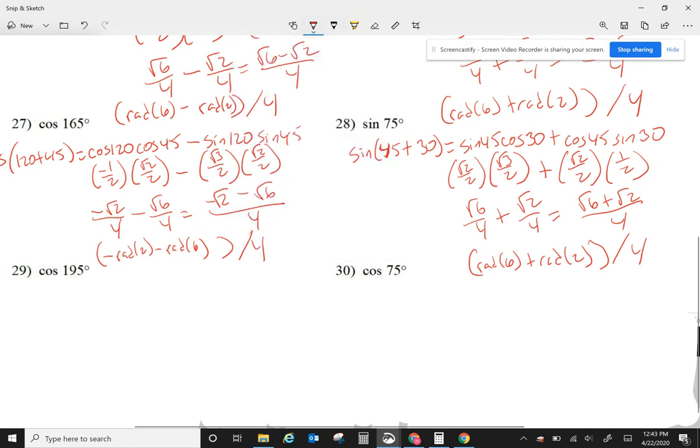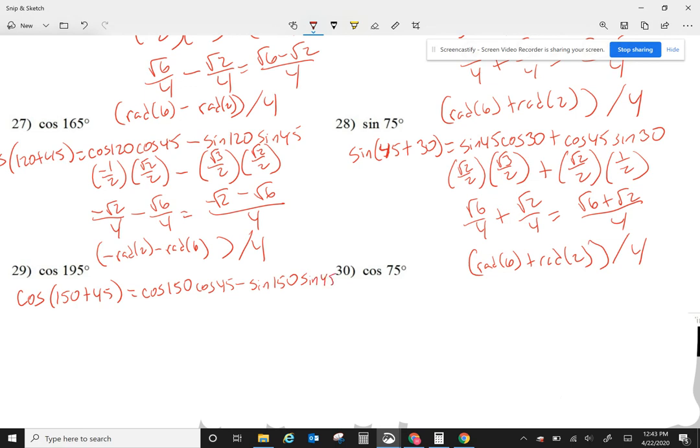Thinking two numbers that I add or subtract equals 195, I'm going to go 150 plus 45. Once again, these are angles that I find on the unit circle. According to the formula of cosine of A plus B, I have cosine of 150 times cosine of 45 minus sine of 150 times sine of 45.